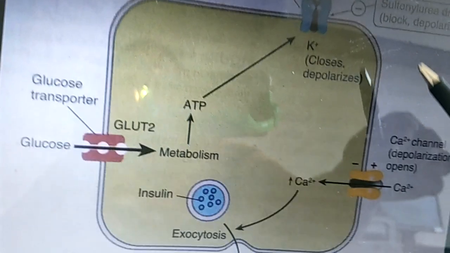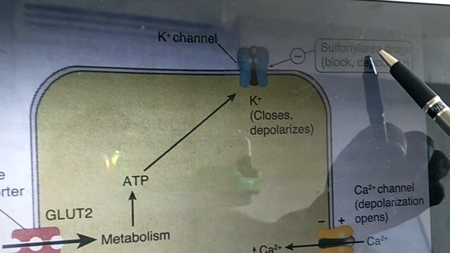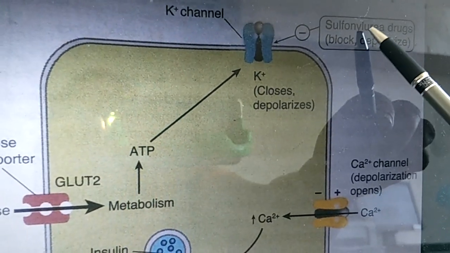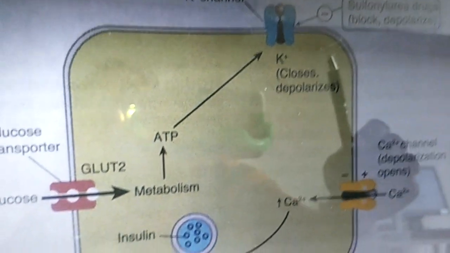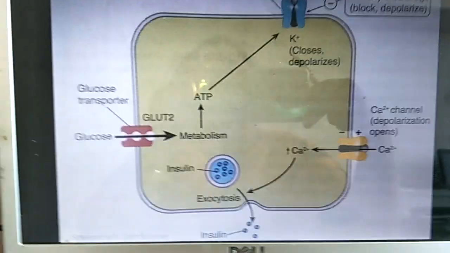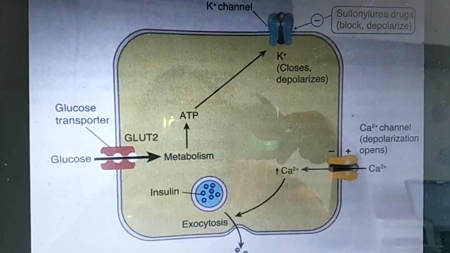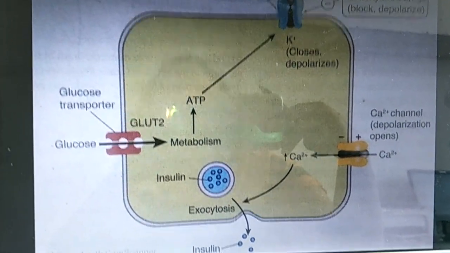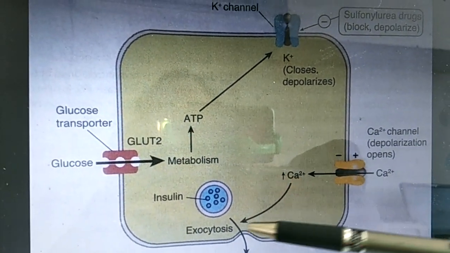We will classify the drugs later. These are all one of the important anti-diabetic drugs. So they act through this mechanism. This is basically a diagram explaining the mechanism of secretion of insulin and how it is affected by various stimuli.